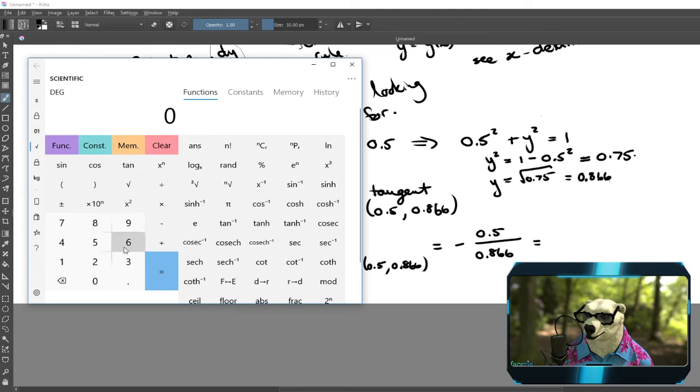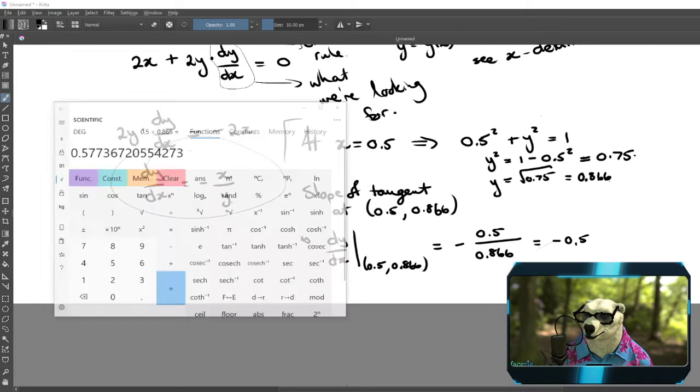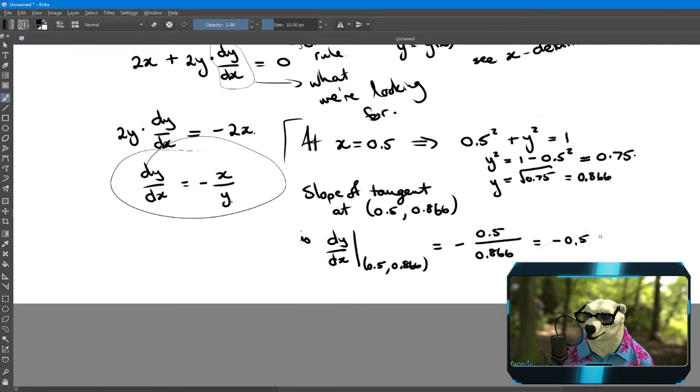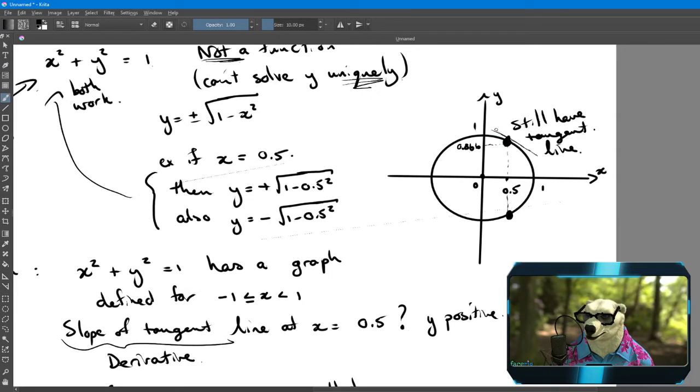0.866 is fine. So 0.5 divided by 0.866-ish. Of course I can't look at the decimals too far, but I'm going to get negative 0.577. Now it totally makes sense that it's negative, because my positioning of the point in the graph does suggest that I'm going to have a negative slope.